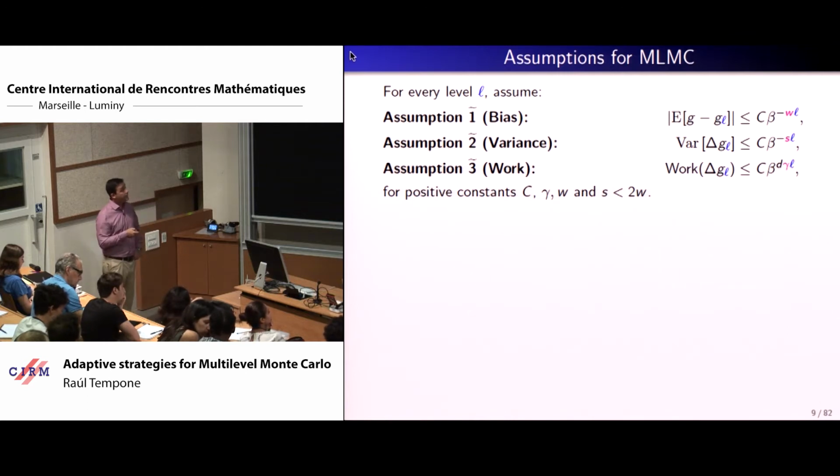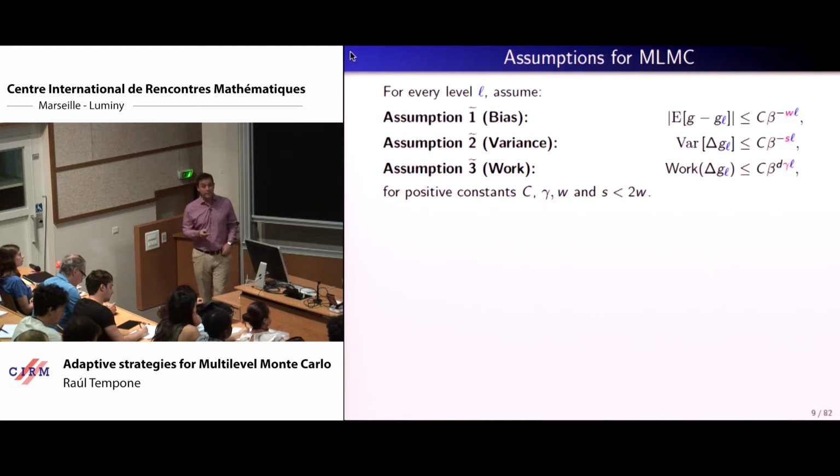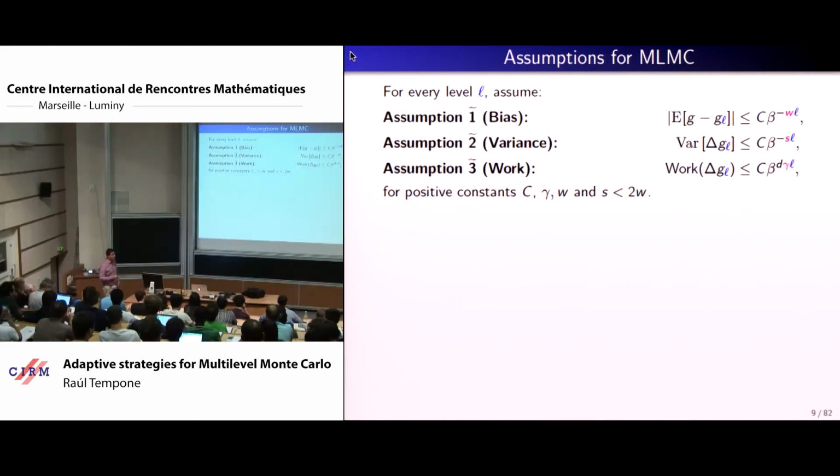So here we are again going to concentrate on this algebraic type of convergence with respect to H. Remember, H was a parameter of discretization. You can think of delta X, delta Y, delta Z in your linear elliptic PDE. And we were assuming that H_L was essentially H_0 times beta to the minus L, a geometric subdivision.